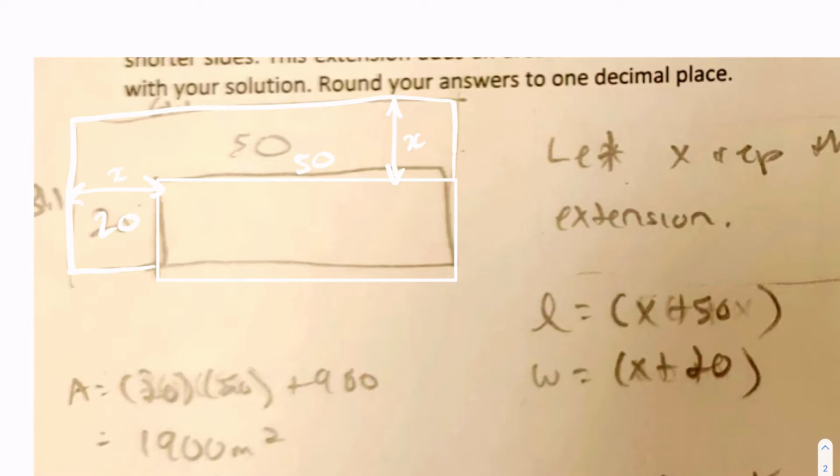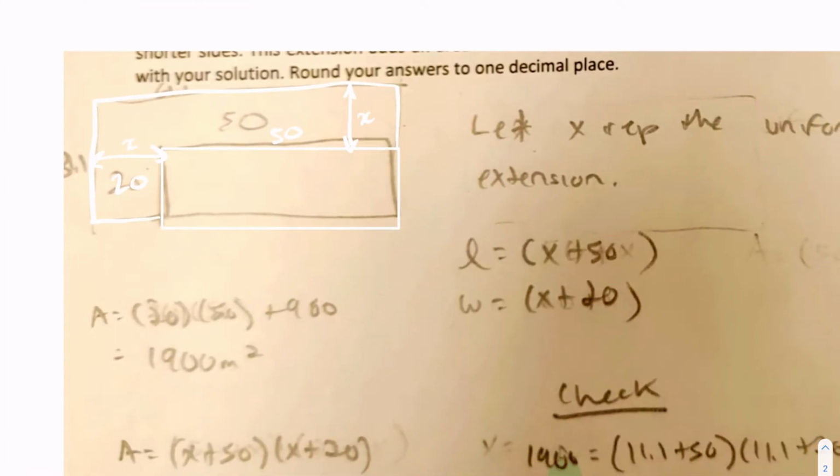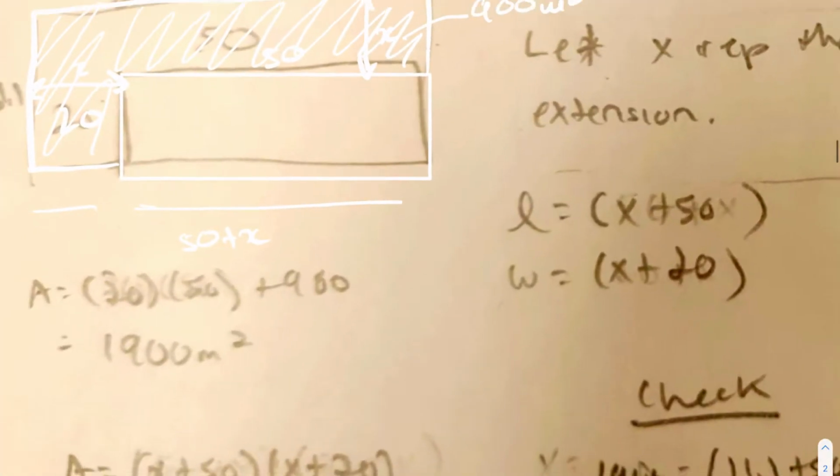So how did she come up with an expression for this new area? What she's doing is adding on to here, all of this that I'm scribbling out. That's 900 square meters. So what does she do? Well, this side is 50. If I add on an x, it's going to be 50 plus x. And same over here.